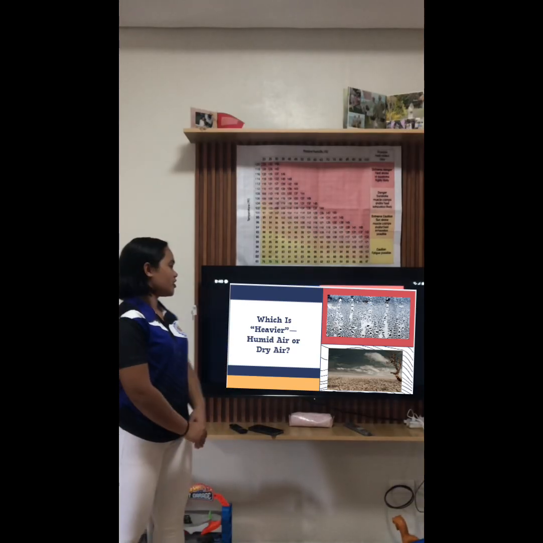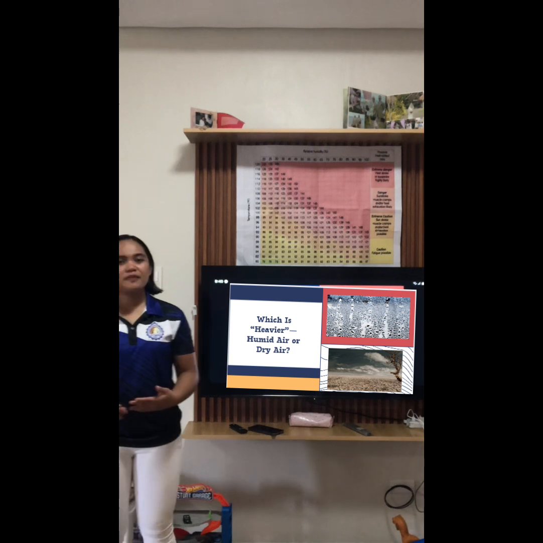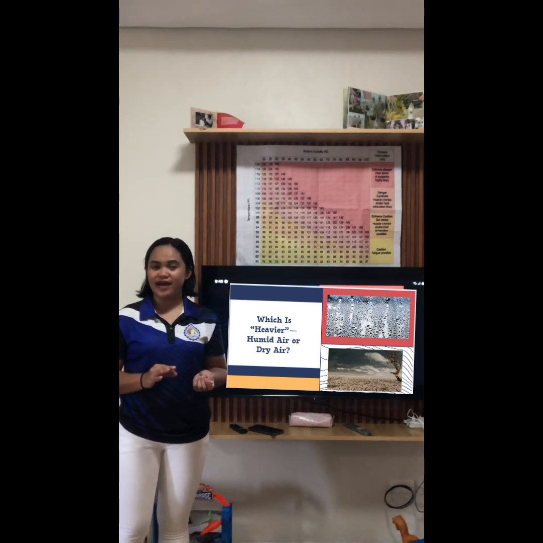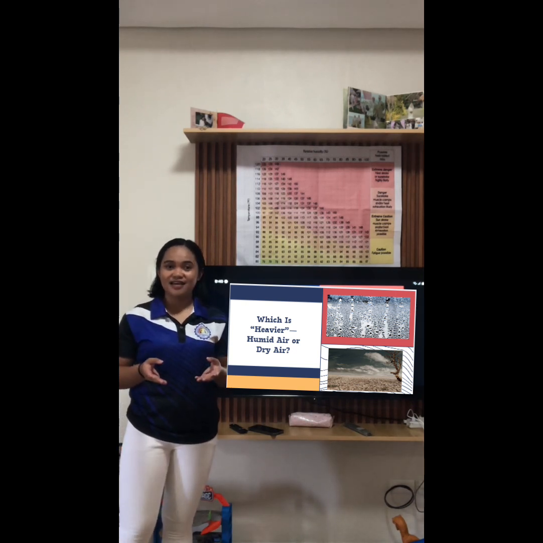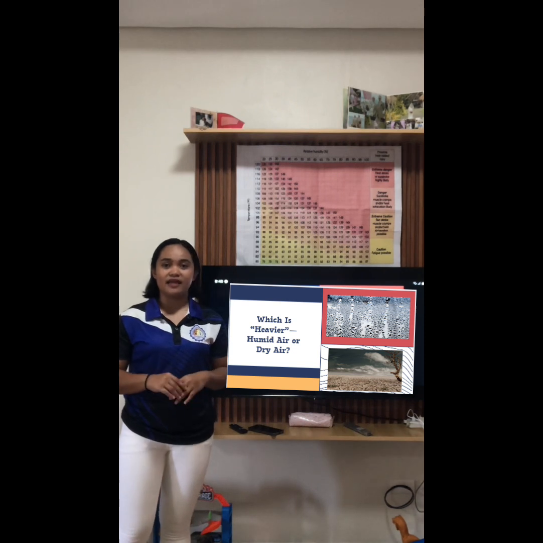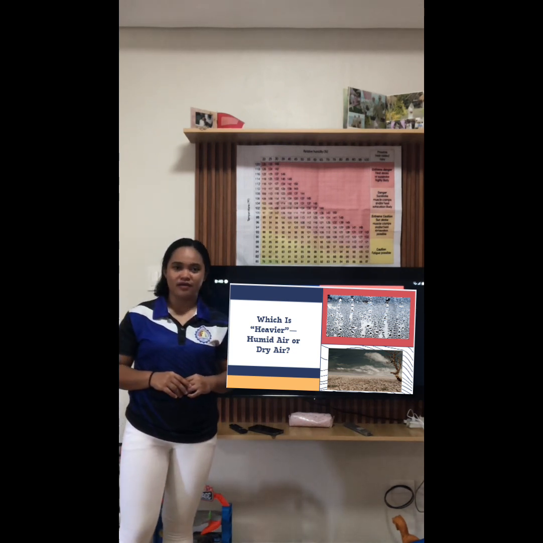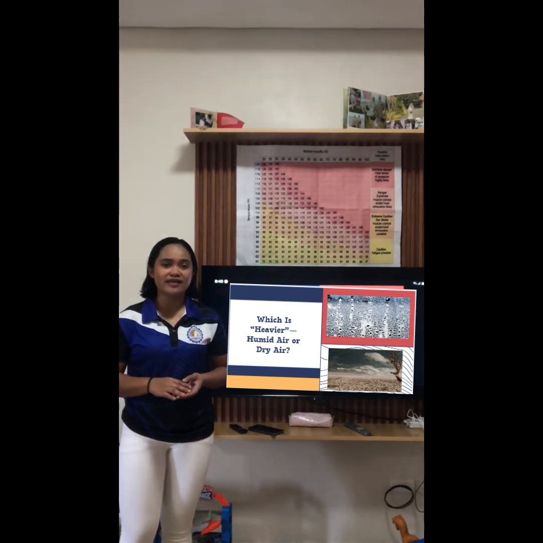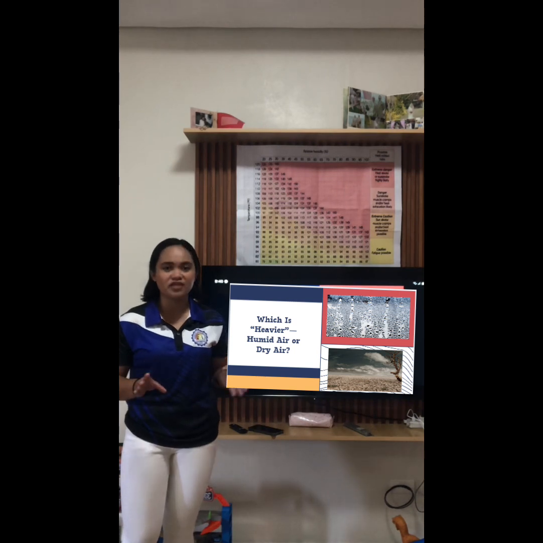Which is heavier, humid air or dry air? Many people assume humid air is heavier than dry air, but in reality, it is lighter. This is because water vapor molecules have lower molecular weight than nitrogen and oxygen, which make up most of dry air. Since humid air is less dense, it tends to rise, influencing weather patterns and cloud formation.